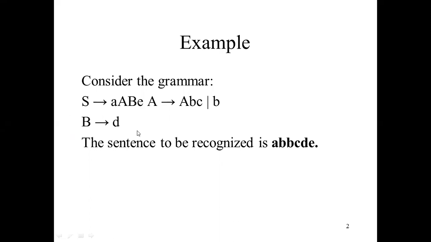Now you can see here S is given, the value of S is small a, capital B, small e. Then the value of capital A, arrow, we can choose either, or we can replace this value instead of capital A.